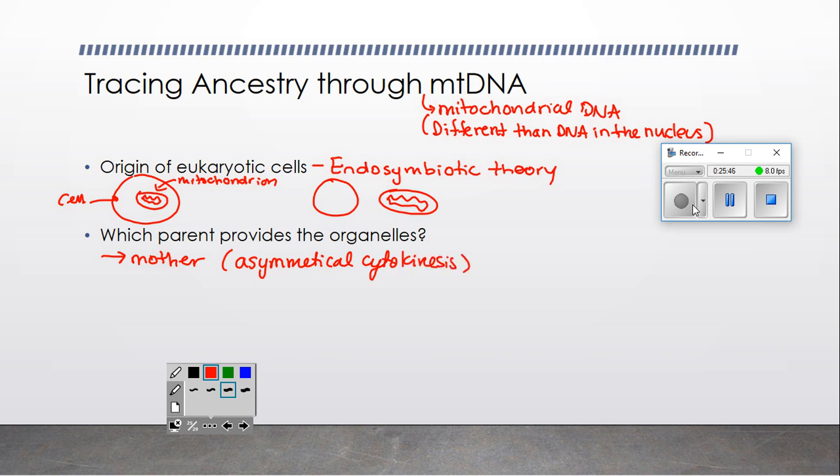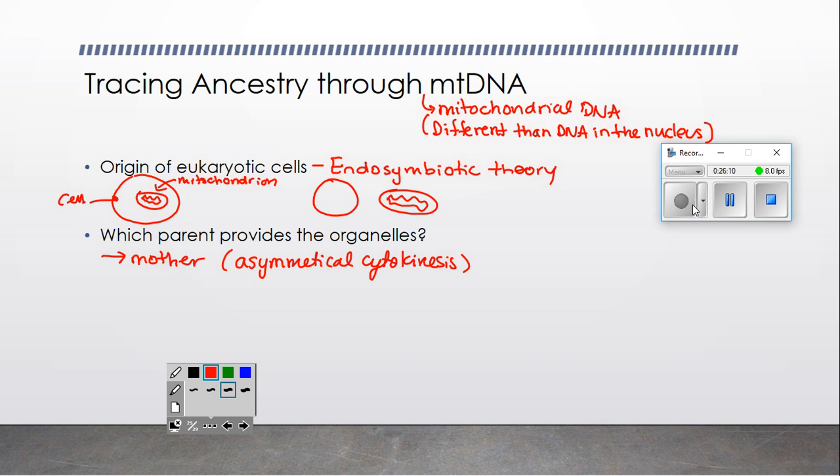Remember that during meiosis, instead of producing 4 gametes, the oogonium will produce an oocyte and a polar body, and then an oocyte and a polar body. We're only keeping one of them because the cytoplasm is not getting divided equally. The eventual egg that's being produced is getting basically all of the cytoplasm, whereas the polar bodies are not.